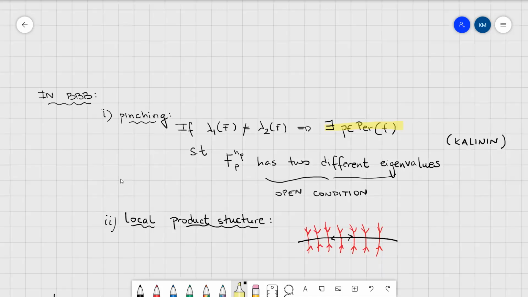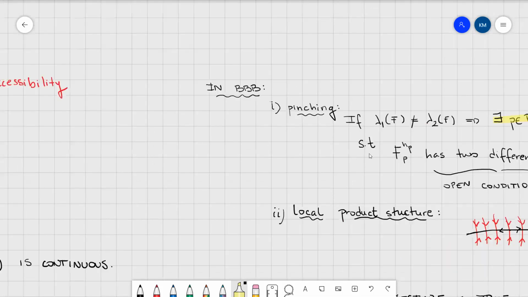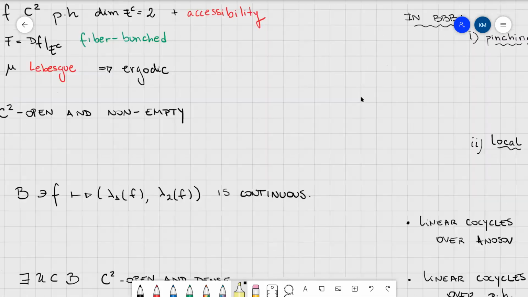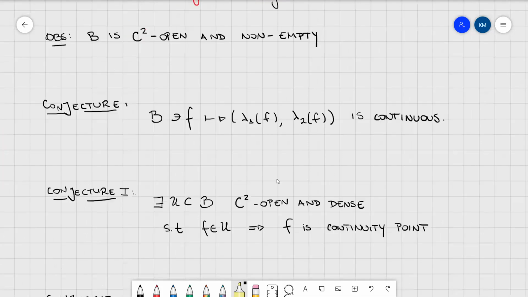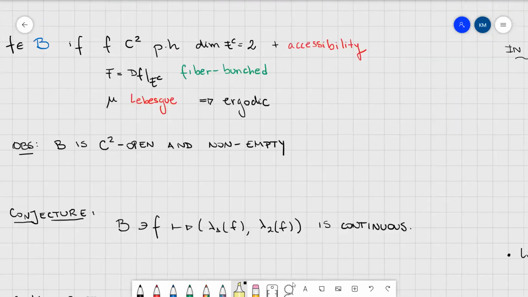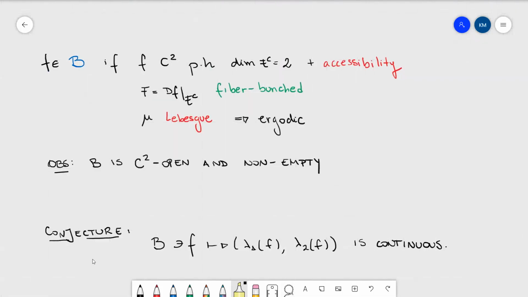So what we can expect is the following. I have my setting, and I have my conjecture that here everyone should be continuous. Maybe I'm not able to prove this, but I'm able to prove something that gives evidence that this is actually true.